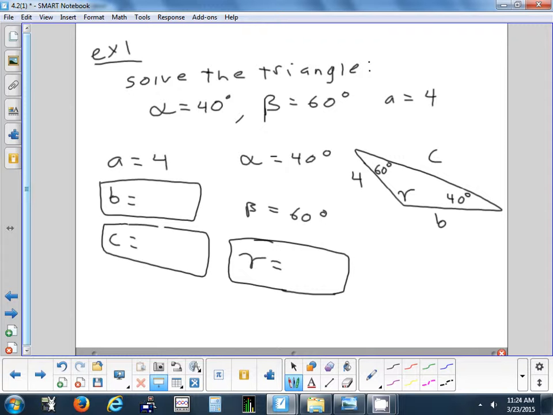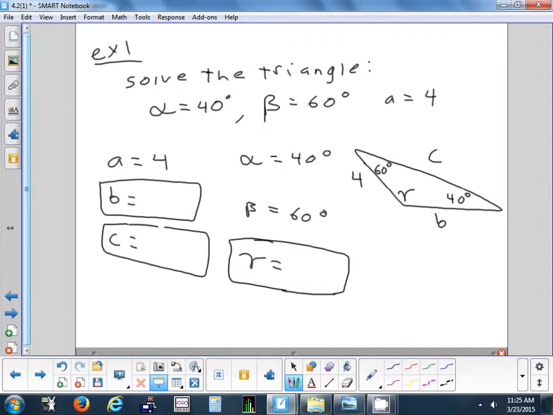Right, so Carlos, what do you think? What kind of triangle is this? In terms of those 3 letters. And don't go by my drawing, because this might be totally inaccurate. Might not be to scale. All right, so you have a side. What else do you have?